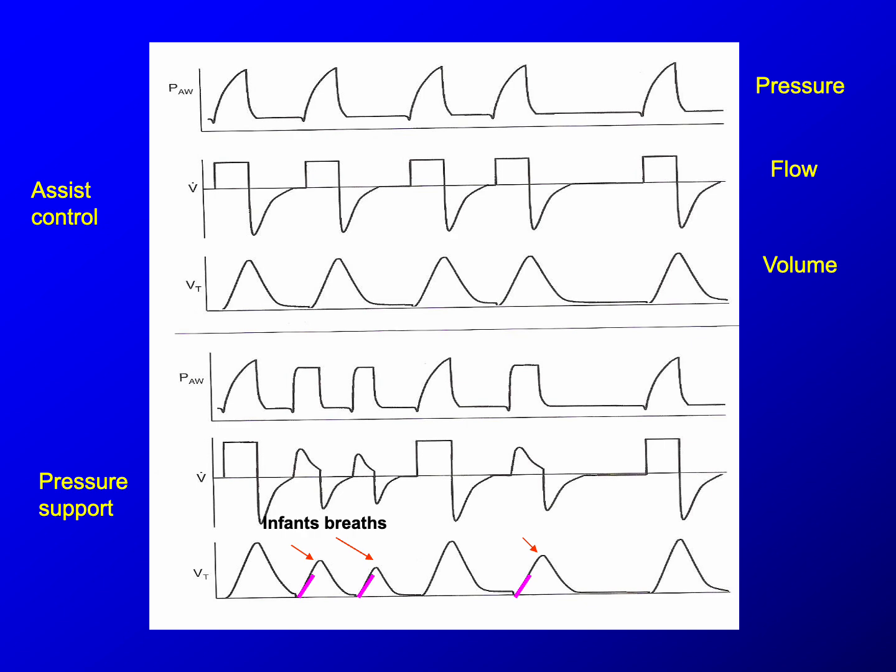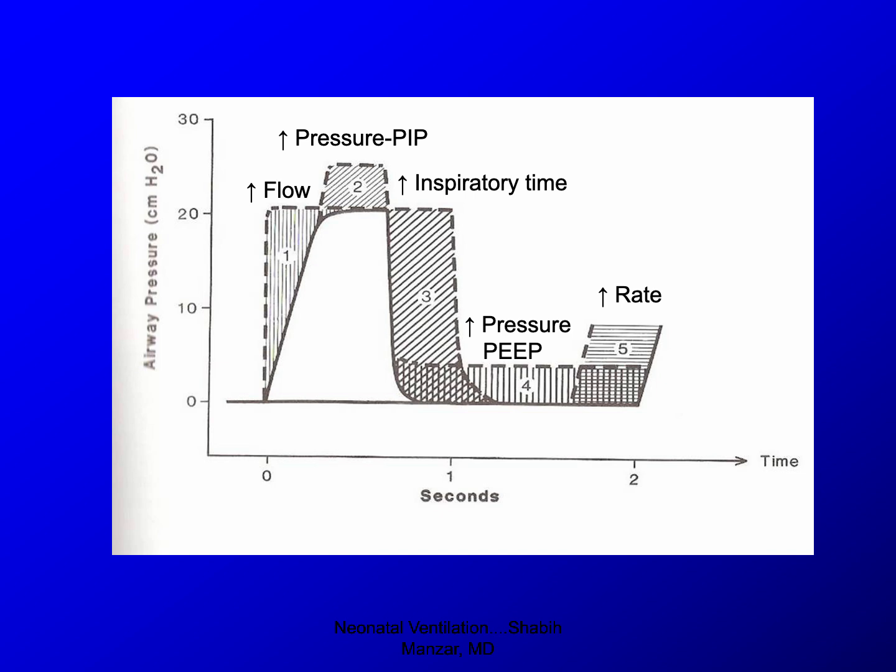And this is another example. Like I said, in assist control, these are the waveforms: pressure, flow, and volume. You see how the infant's breaths are here, and this is in pressure support. This is another very important graph to remember, especially for those who are going to take the board exams. You can start with one thing, which is PIP, the peak inspiratory pressure.